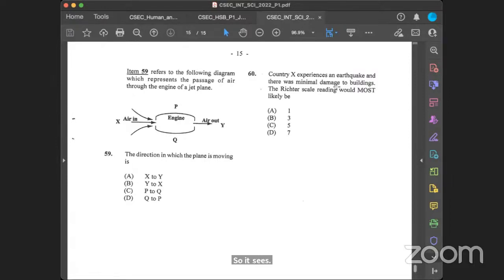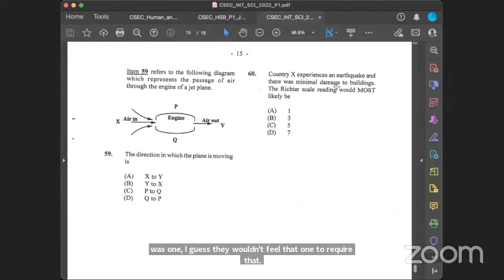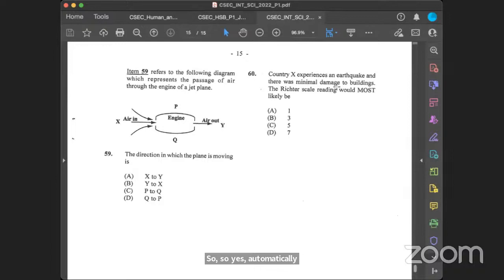Less than 2.5 is usually not felt. If it was 1, they wouldn't feel that one to record it. So I guess automatically it's 3. 2.5 to 5.4 is often felt but causes minor damage. It's B or C.